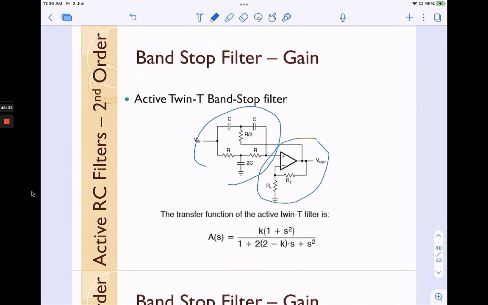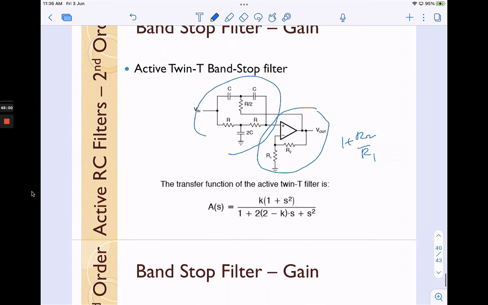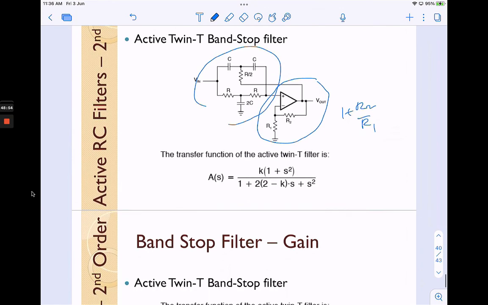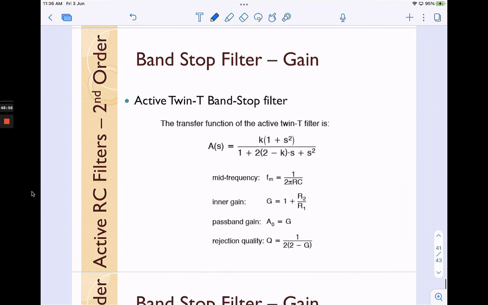So this is actually an amplifier with a feedback gain of 1 plus R2 over R1. So this is just a band stop filter with some slight modification. For this kind of band stop filter, this is the mid frequency or the center frequency, 1 over 2 pi RC.